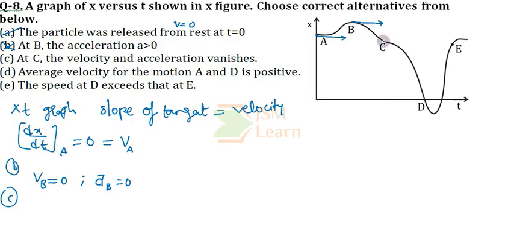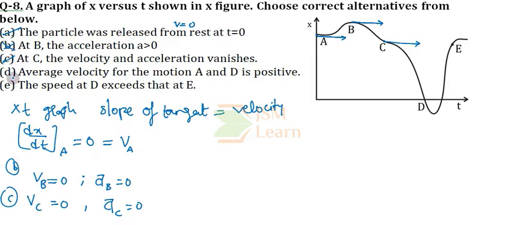When I draw the tangent to this point, I get that the tangent is almost parallel to the time axis. So since the tangent is almost parallel to the time axis, I can write that the velocity at C is equal to 0, and also the acceleration at C is equal to 0. So option C is also right.